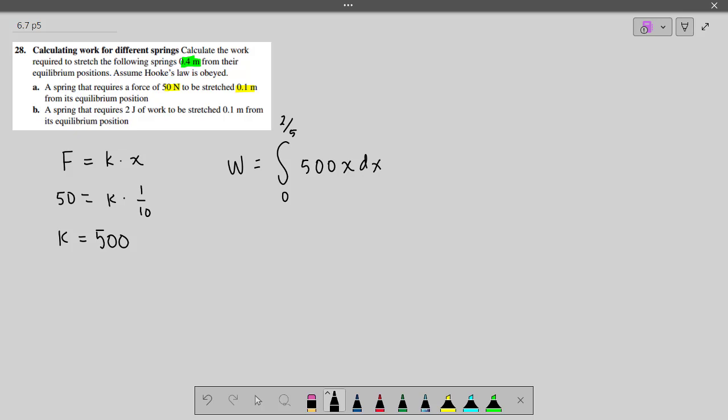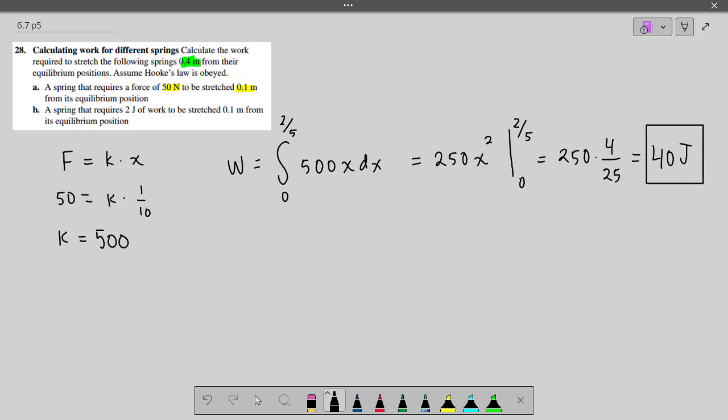So there's our setup for the work part of part A. That'll give us 250 multiplied by x squared from 0 to 2/5, which will give us 250 multiplied by 4 over 25, which looks like 40 joules of work. Make sense? Not too bad.